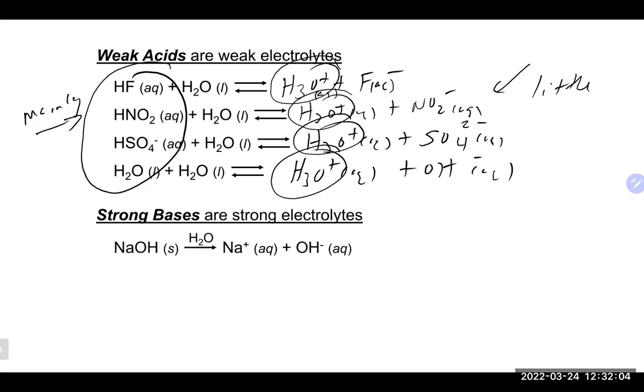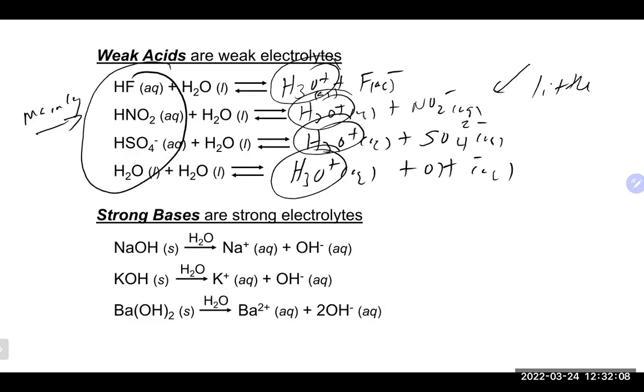Strong bases are also strong electrolytes. When we talk about strong bases, they typically are the ones that contain hydroxide in the formula. So sodium hydroxide, potassium hydroxide, barium hydroxide. If you look at big groups 1 and 2 on the periodic table, as we may have talked about, they are the alkali metals and the alkaline earth metals. And again, alkaline means basic.